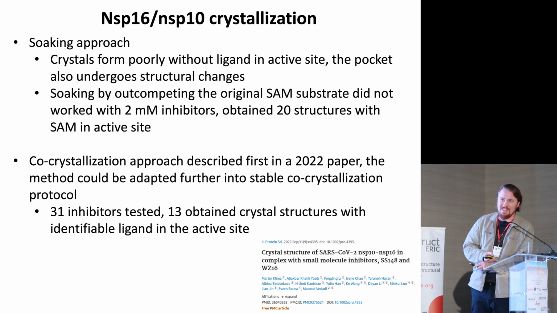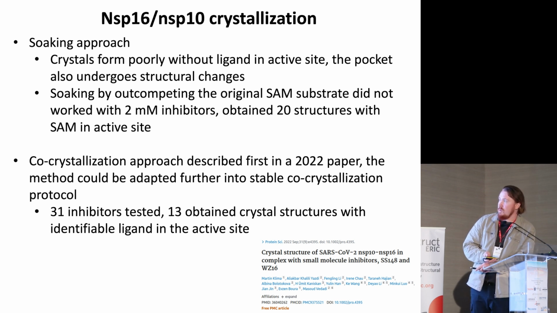However, it was very hard to get an upper form of these crystals because they were growing very unwillingly, and also this active site pocket changes conformation if there's nothing bound there. So we later switched to a co-crystallization approach, which was very productive, with some inspiration from other colleagues in this field.